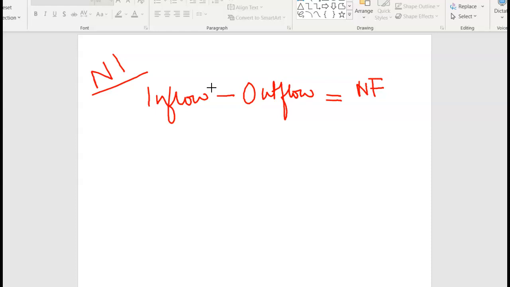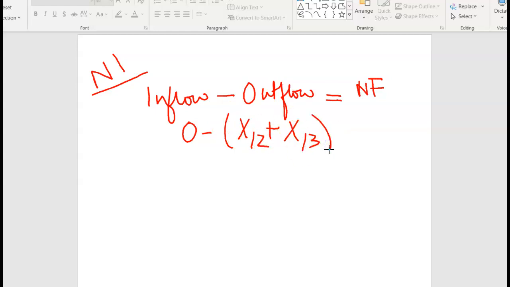So the inflow for node 1 is equal to 0, and the outflow from node 1 is either to take the road that leads to node 2 or take the road that leads to node 3. So the outflow options are x12 plus x13.